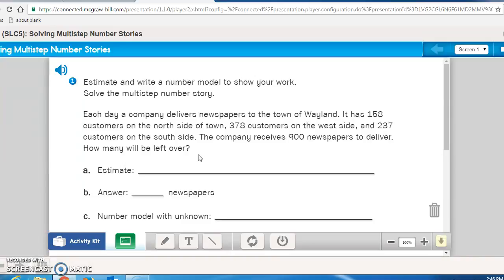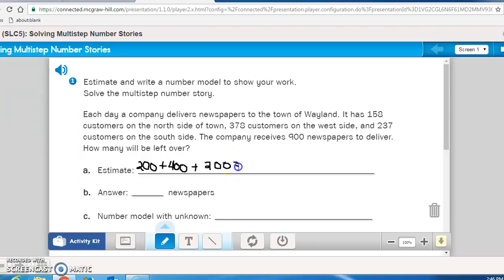Well, the first thing you want to do when it says to estimate is round. So let's round to the hundreds place. 158 would round to 200. 378 would round to 400. 237, well, 3 is less than 5, so we're going to round that down to 200.